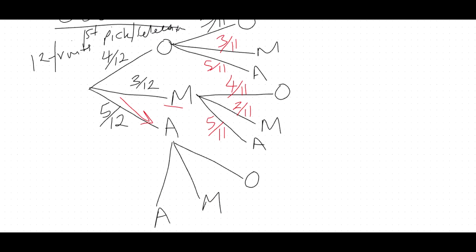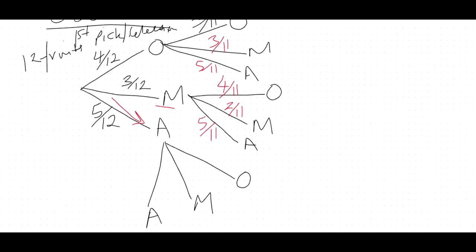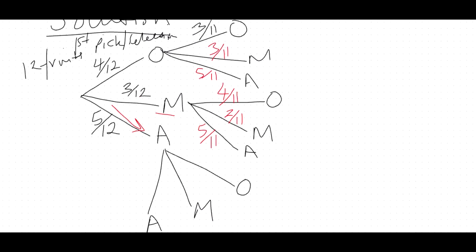Okay? And so, if you pick the first fruit as an apple, then it means you've not picked any orange. So if you're following this route, your oranges still remain as 4, but the total number of fruits has reduced since you're doing this without replacement.